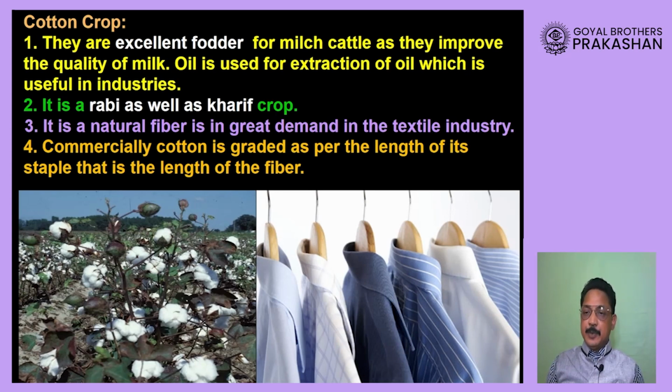Silage is actually a material made by adding oil cake and jaggery. I will tell about it later on. This fodder, the food which is fed to animals, makes them very healthy. So the cotton crop is required to obtain fodder and cotton fiber from it.